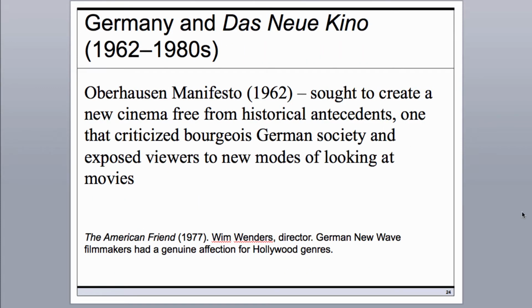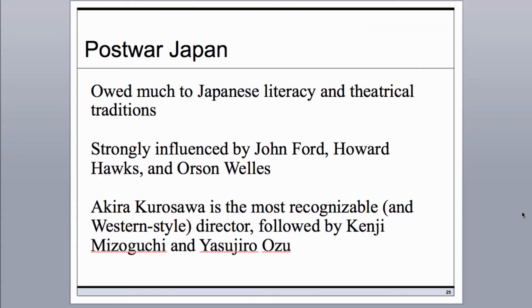Germany starts to change its approach in the 1960s with its own new cinema movement. That's not as significant as the others either, so we're going to move on to a more significant area, which was Japan, and how it grew out of the World War II devastation that it experienced and really contributes significantly to films. And this is interesting.